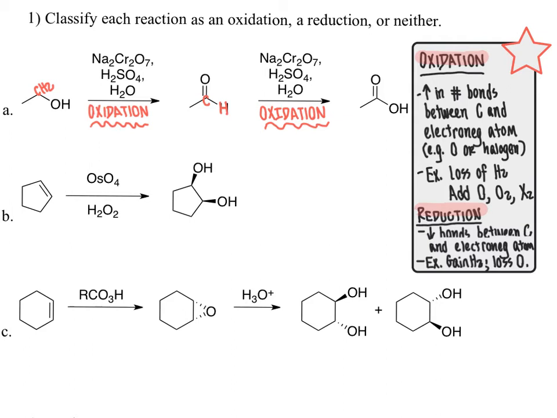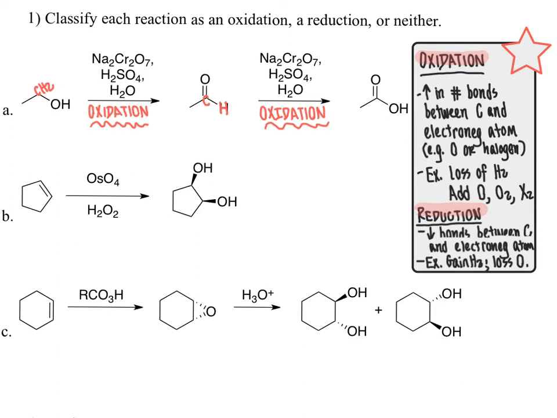In this reaction, we are taking osmium tetroxide and reacting it with our alkene, and in doing so we are creating new carbon-oxygen bonds. Going from reactant, a carbon-carbon double bond, to product, we have carbon-oxygen bonds here and here.